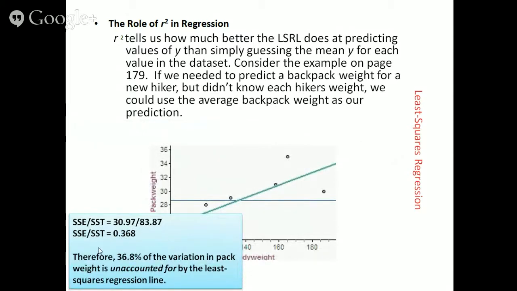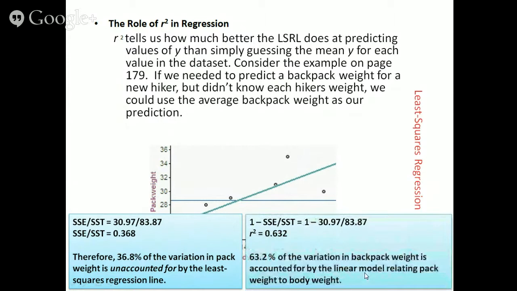So therefore, 36.8% of the variation in the backpack weight is unaccounted for by the least squares regression line. If we do 1 minus that, we get 0.632. So 63.2% of the variation in backpack weight is accounted for by the linear model relating backpack weight to body weight.